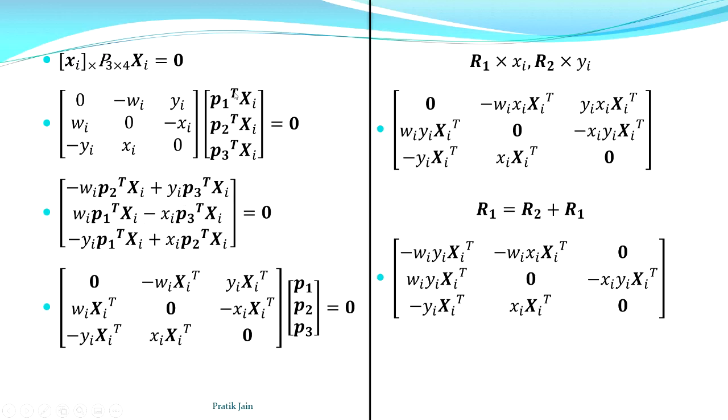Now since our unknown is P, and since we have the correspondences, we know what is X_i and what is its corresponding small x_i. These two things are actually known to us by the calibration setup, and it is only the camera matrix that is unknown. So now, taking the unknowns on one side, I'm extracting p2 and p3 over here.